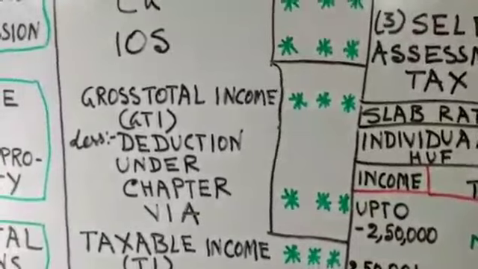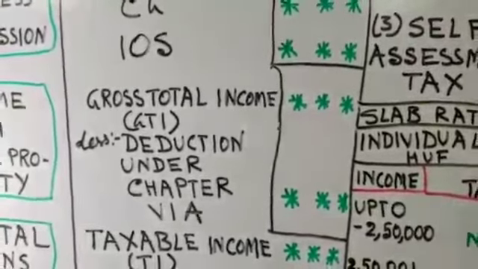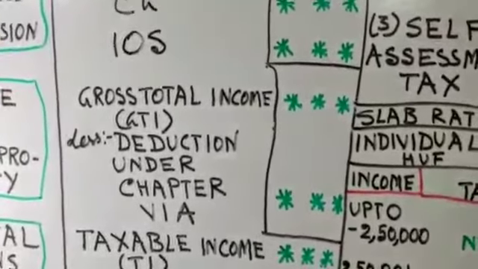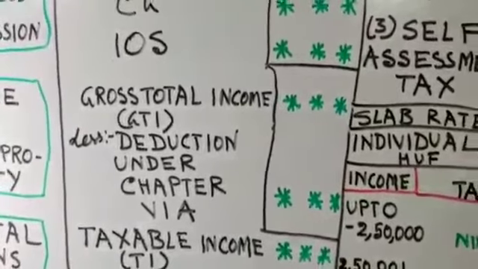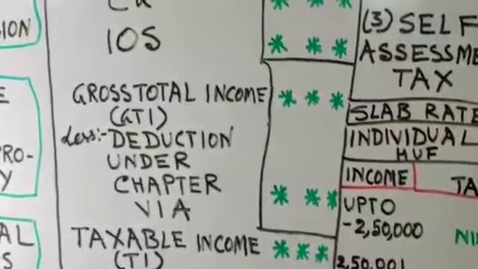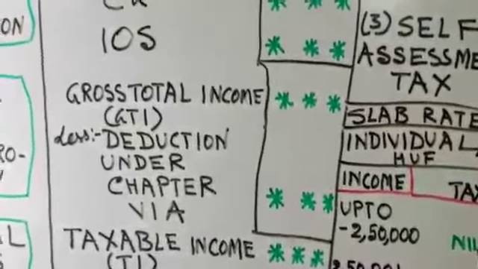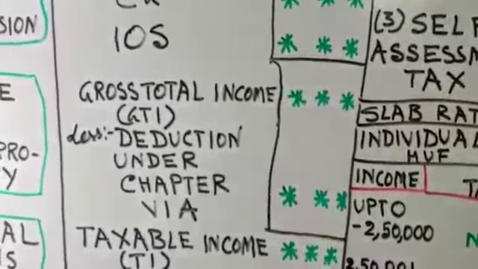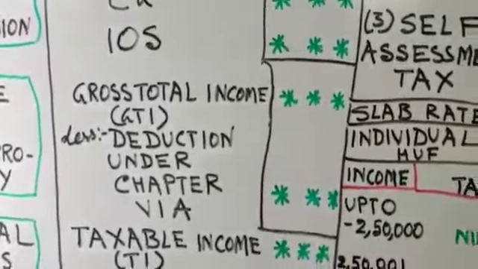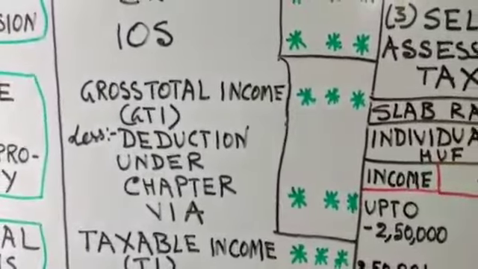For this purpose, we need to check the bank statement. We need to find out from the owner what investments we have made. Then we have to analyze whether these investments are eligible for deduction under chapter 6A.